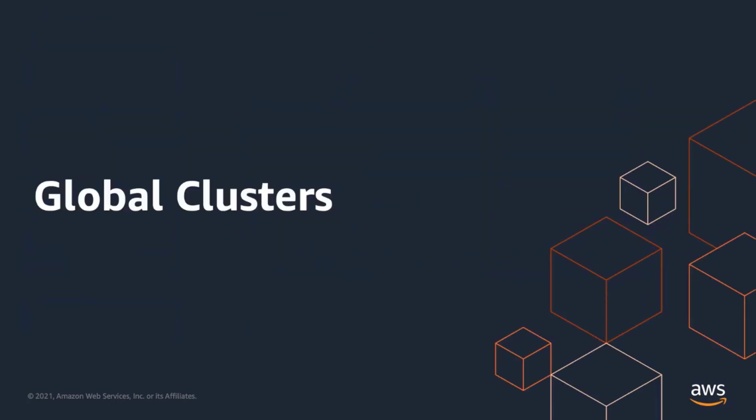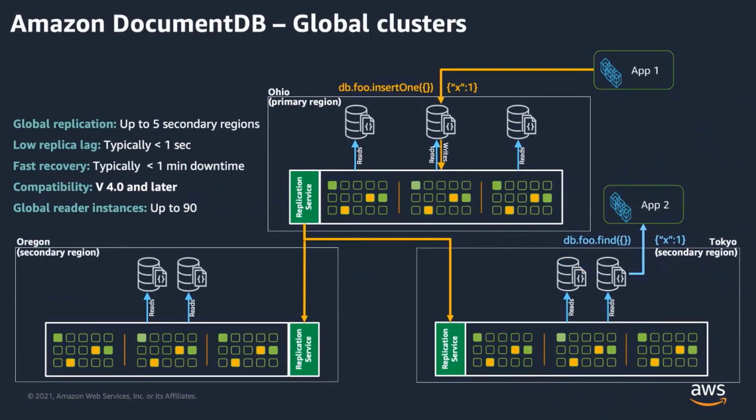Now that we understand how DocumentDB is architected for a single region, let's take a look at the architecture for global cluster. Amazon DocumentDB global clusters allows you to replicate data to up to 5 read-only secondary regions.